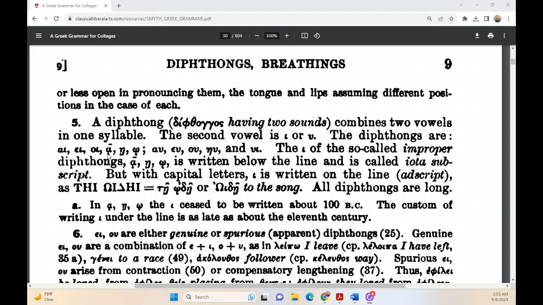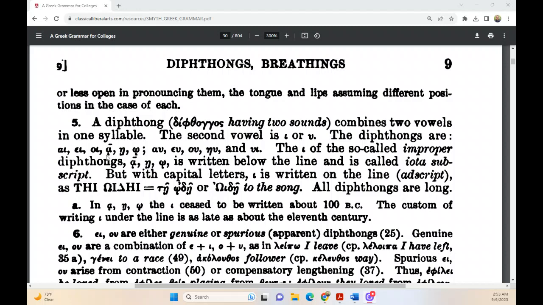Now the reason why it's written under the vowel is because it's not actually pronounced. So when you see these vowels with the iota written underneath, formerly the iota was actually written next to the vowel, but it stopped being pronounced and was eventually dropped from the writing.